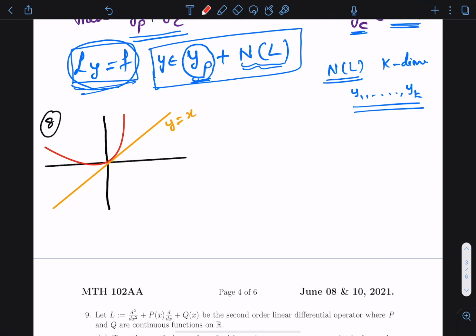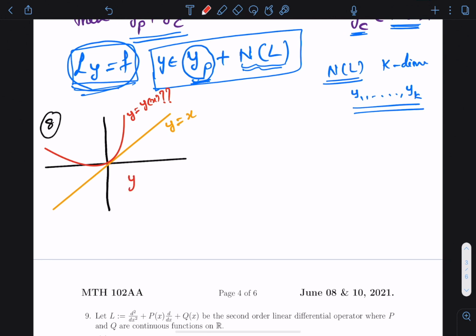Yeah, so let's call this the curve that we need to find. So what is the curve y? Okay, in addition, what is the property? That y satisfies this differential equation. So what is the curve which satisfies this differential equation, and which also has this property that at the origin this line y equal to x is tangential.